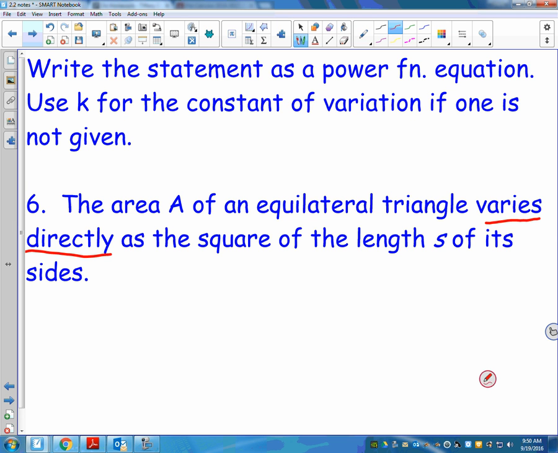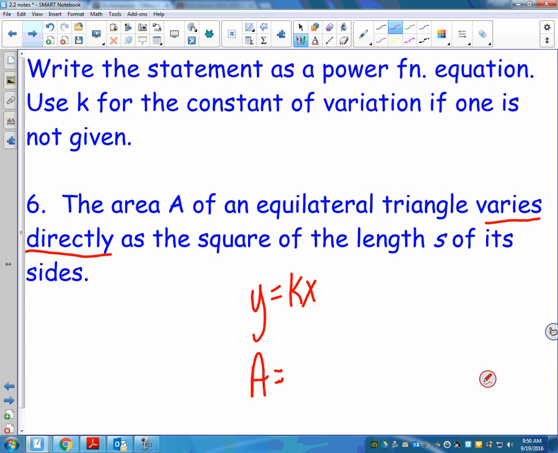So if I see varies directly, I know it's in that format, and I'm going to start with our x's and y's, and then we'll substitute in. But that's the equation, y equals some constant times x. Normally we say y varies directly as x. On this one, we say the area varies directly. So A should be my y. As the square of the length s of its side.